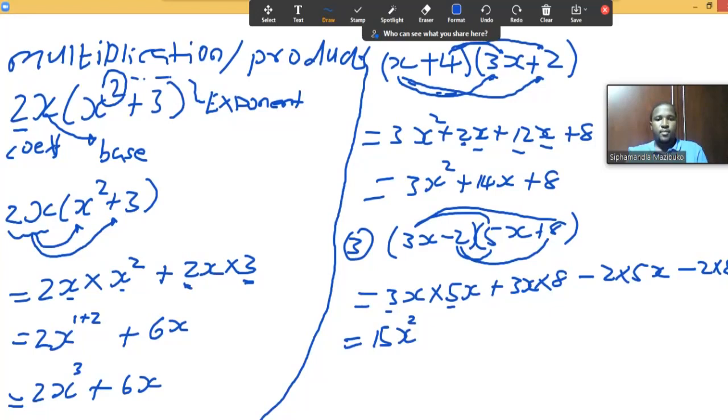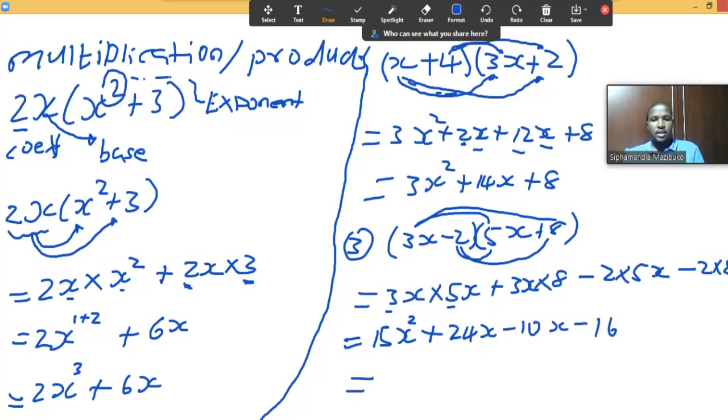And then we carry on, we have plus 3x times 8. Then 3 times 8 should be 24x. Then we're looking at minus 2 times 5x. That should give us minus 10x. And we're looking at minus 2 times 8. That should give us minus 16.